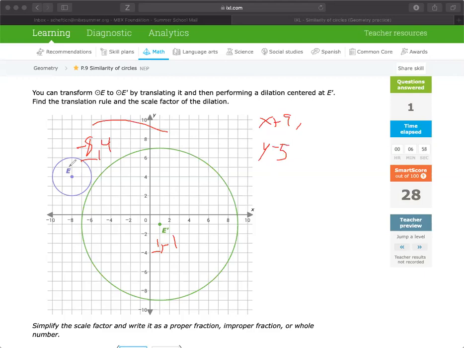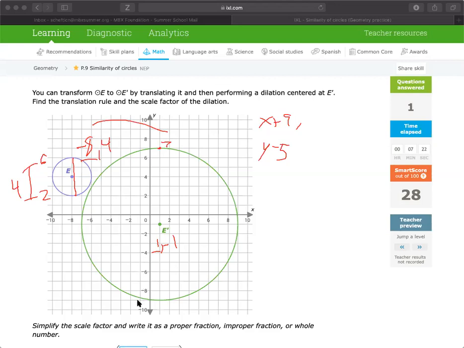And my dilation on this one is going to be, what's my diameter of this circle? It's going to be across. I wasn't perfect on there, but from 6 down to 2, that distance right there is going to be 4. And then from here, it's not along the y, it's going to be right about here, so it's going to be at 7.